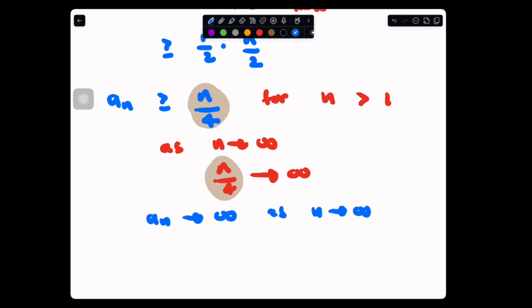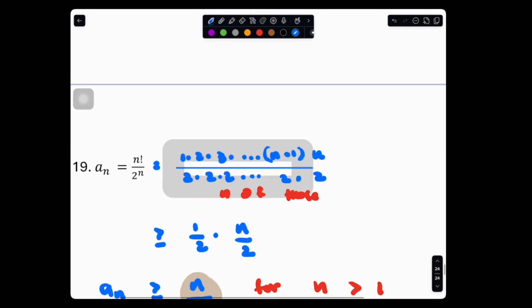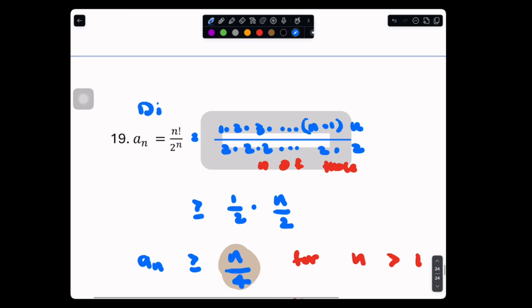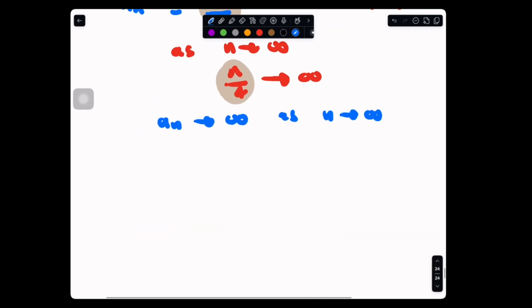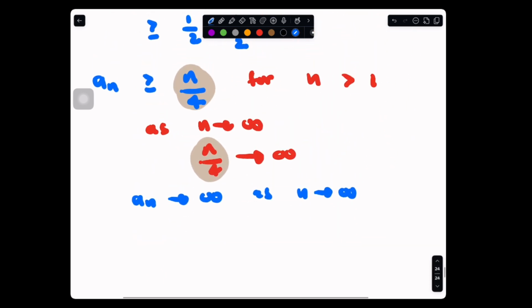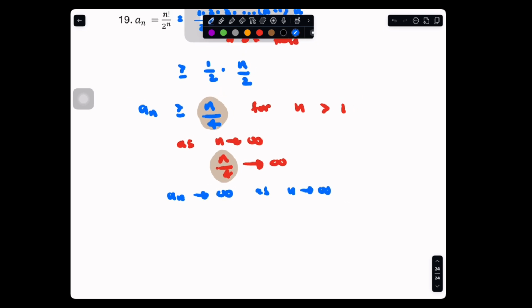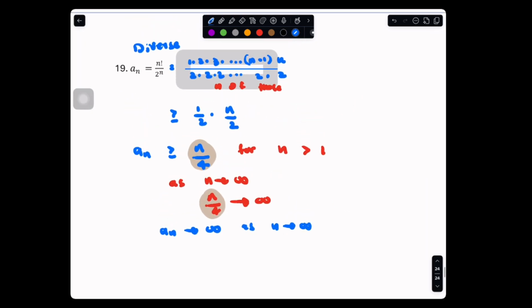So we have the sequence diverging here. So this sequence will diverge. The smaller sequence gets big without bound. That implies that the larger sequence gets big. And that larger sequence is an. Got divergence.